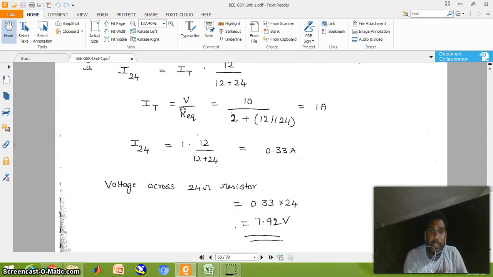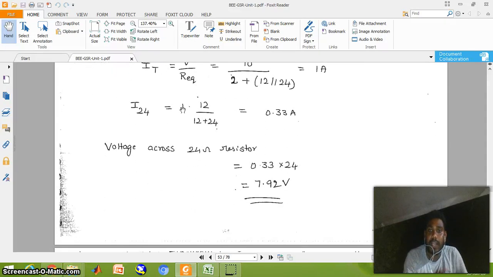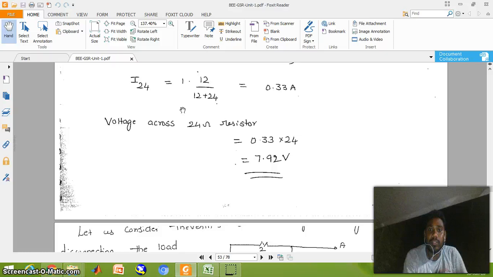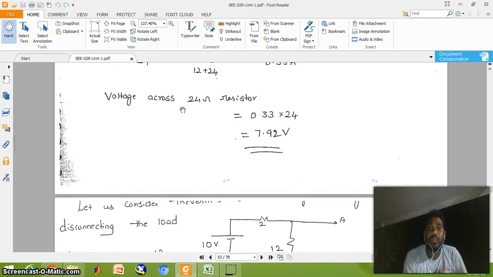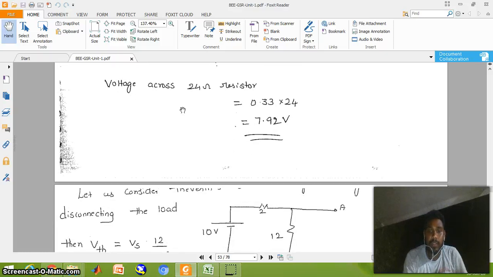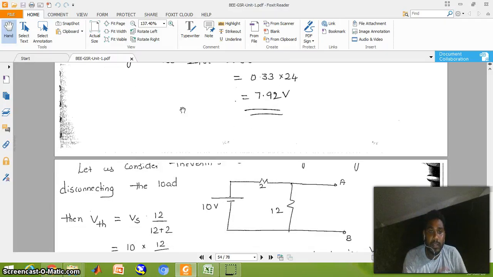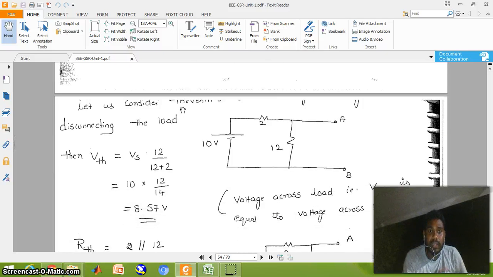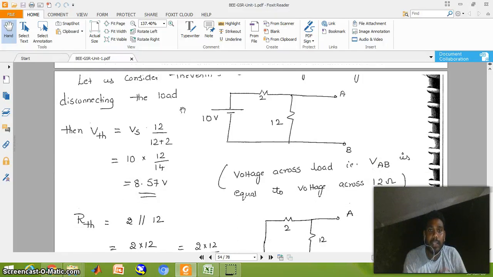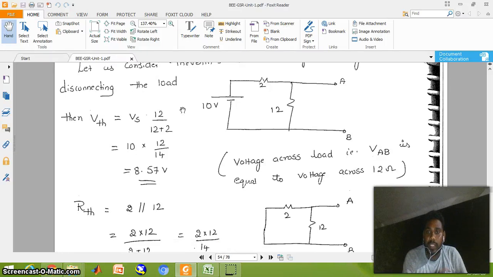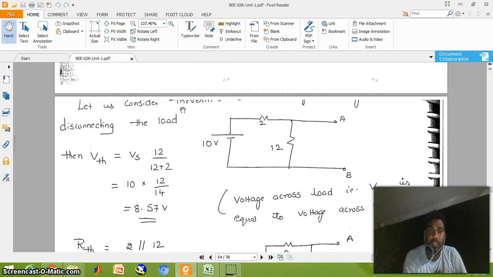The voltage across the 24 ohm resistor is equal to current into resistor, that is equal to 7.92 volts by using the normal method. Now, by using Thevenin's theorem, calculate the current and the voltage across the 24 ohm resistor.